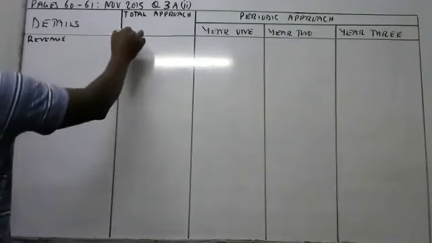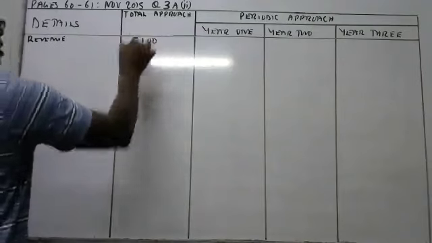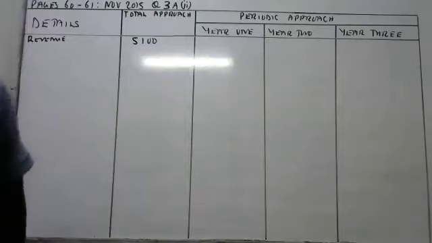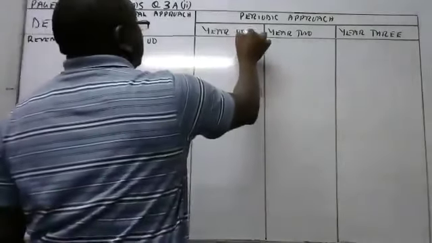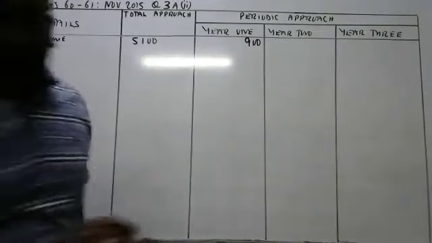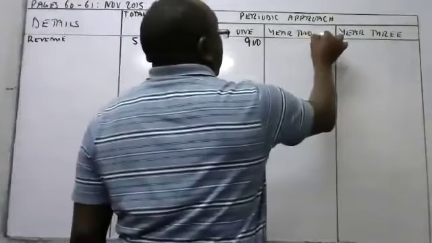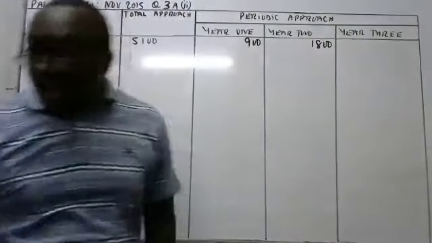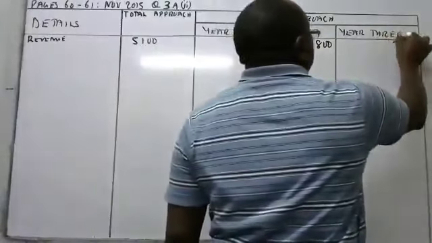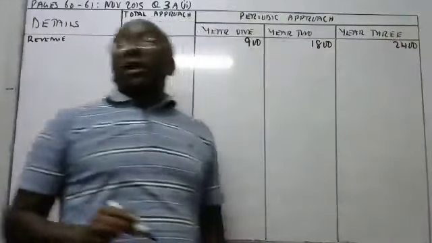But in the periodic, you just give it the way it is provided. The first year has 900, the second year has 1800, and the last year has 2400.